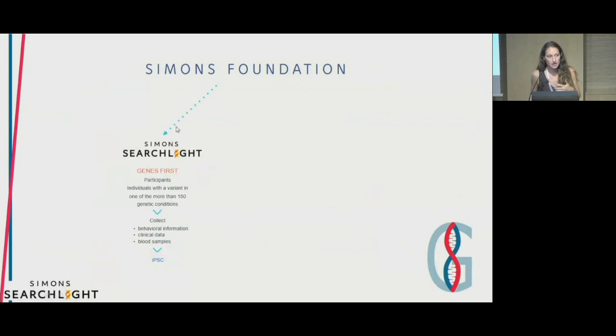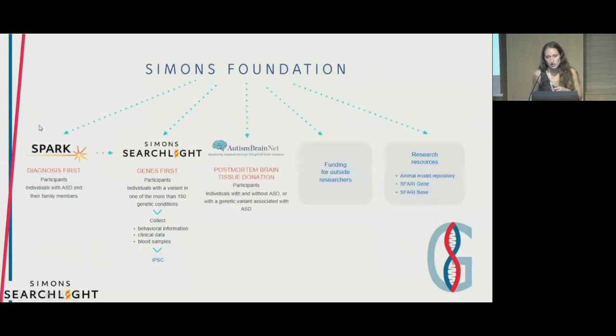But we're just one of many research studies under this foundation. So Simons Searchlight being one of them. There's also the SPARK research study. This is a US only study where Simons Searchlight is international. And the SPARK study is for individuals that don't have a genetic diagnosis and have a diagnosis of autism, they get genetic testing.